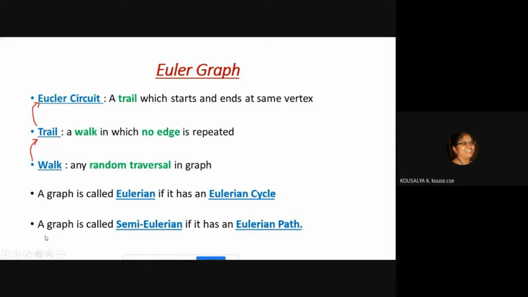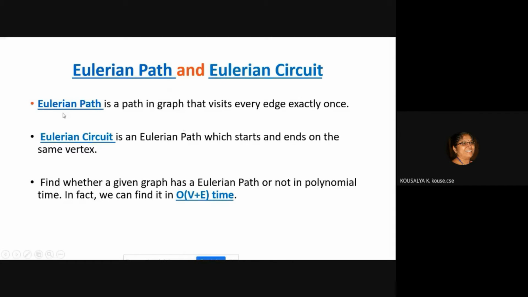What is an Euler path, or semi-Euler? A graph is called semi-Euler if it has an Euler path. What is the definition of an Euler path? An Euler path is a path in a graph that visits every edge only once.